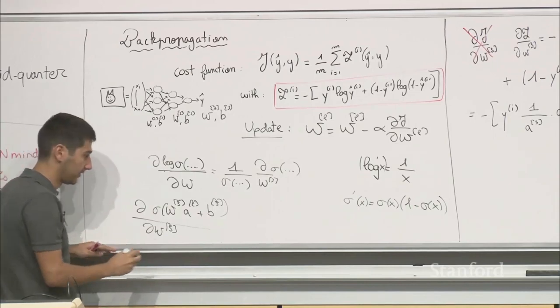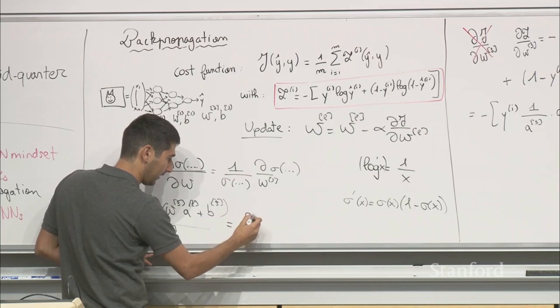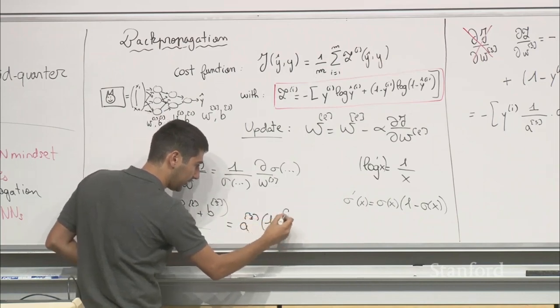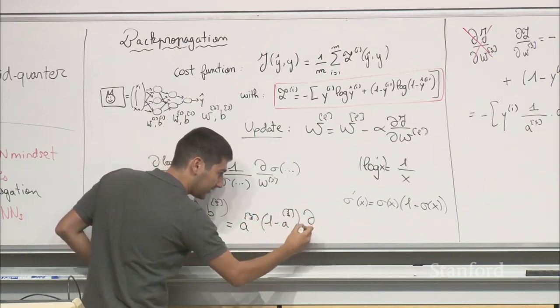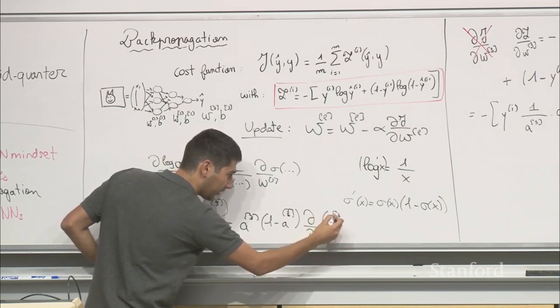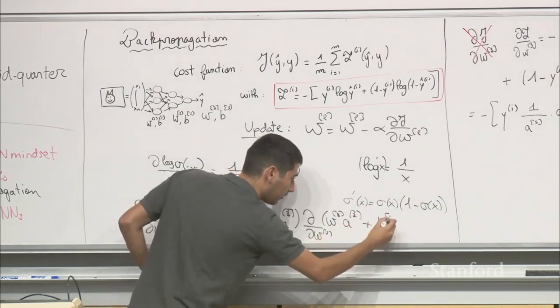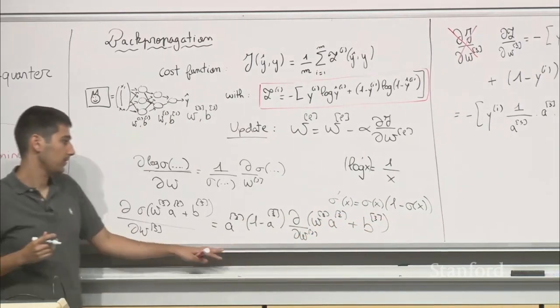Okay? So this will give me A3 times 1 minus A3 times the derivative with respect to W3 of the linear part. Does this make sense?